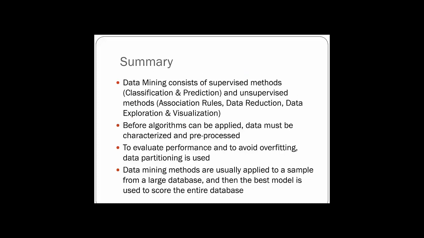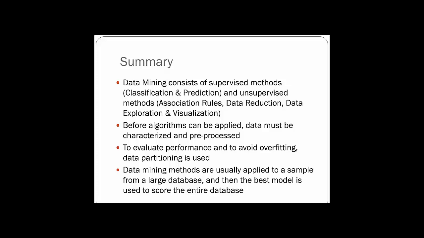So in summary, we have two different subgroupings of methods, supervised and unsupervised methods, and we're going to be learning about both of those in this class. Supervised methods have to do usually with making predictions, either classification, which would be a 0-1 scale, or prediction where we get an actual number that we're coming up with.